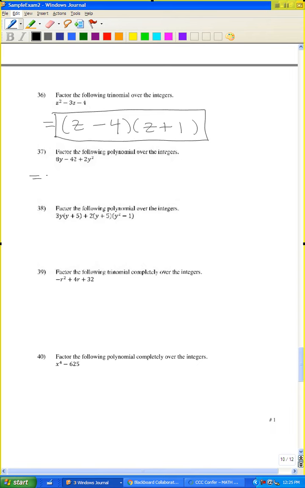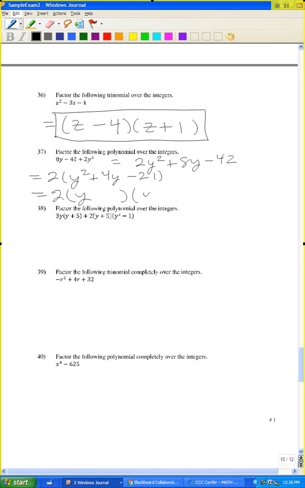Let me rewrite this as 2y squared plus 8y minus 42. Let's factor out a 2. So you get y squared plus 4y minus 21. And now let's factor.